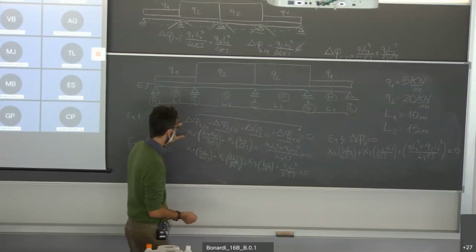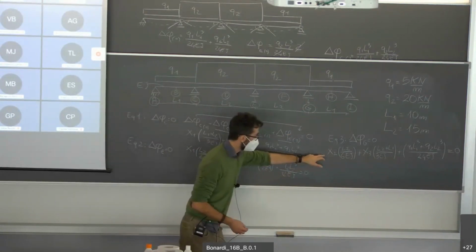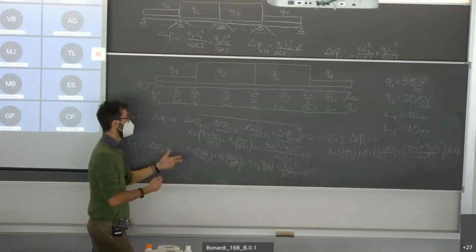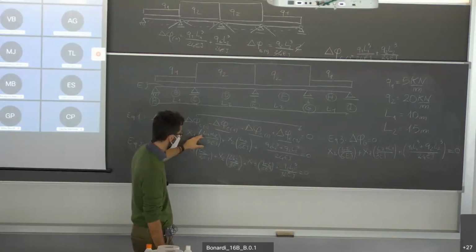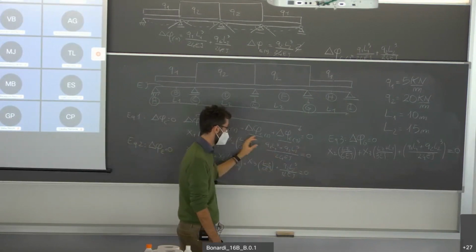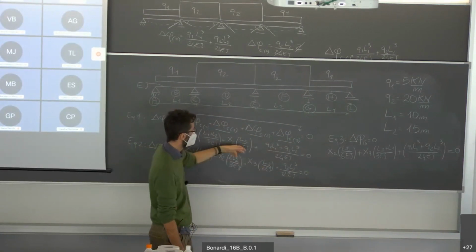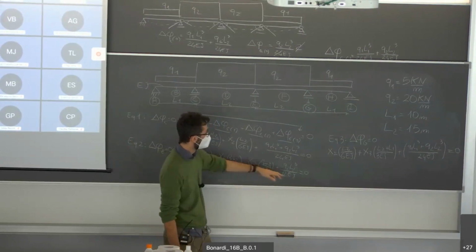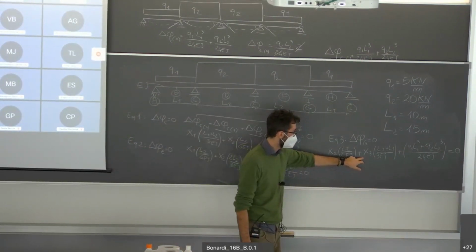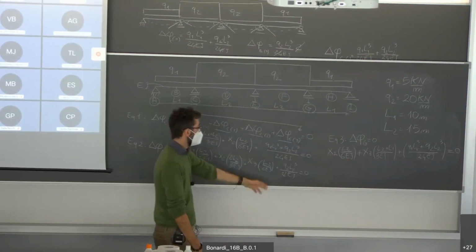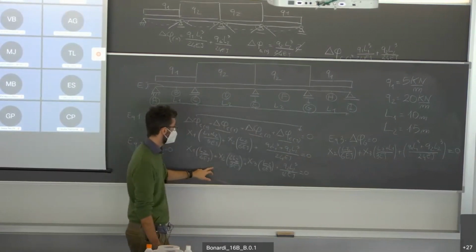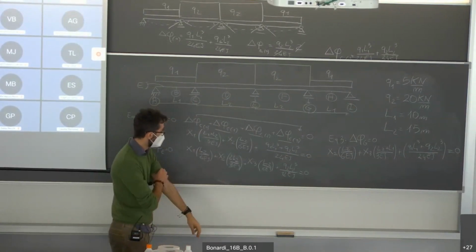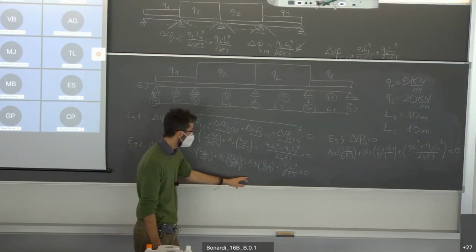So far we have 3 equations in 3 unknowns. So we should say, okay, I have x1, I put all this stuff on the other side, and I know x1 as a function of x2. Same stuff here, I explicit x3 as a function of x2, and I substitute x1 and x3 in the second equation, so that it is only function of x2.